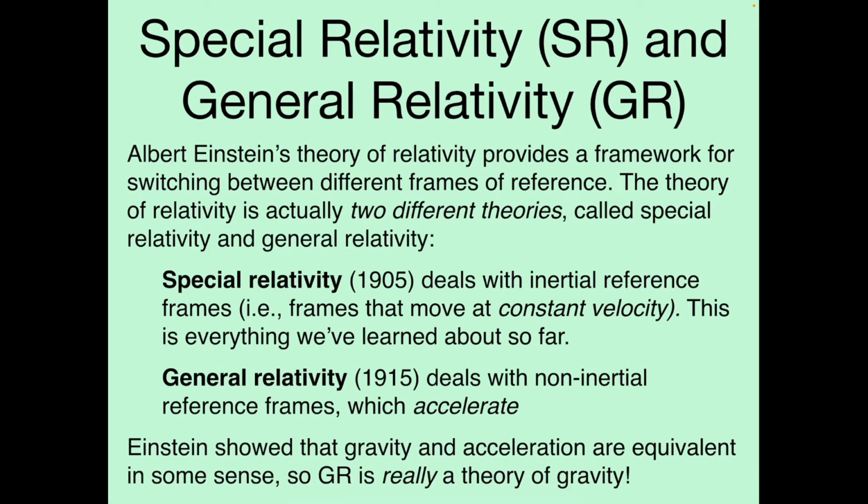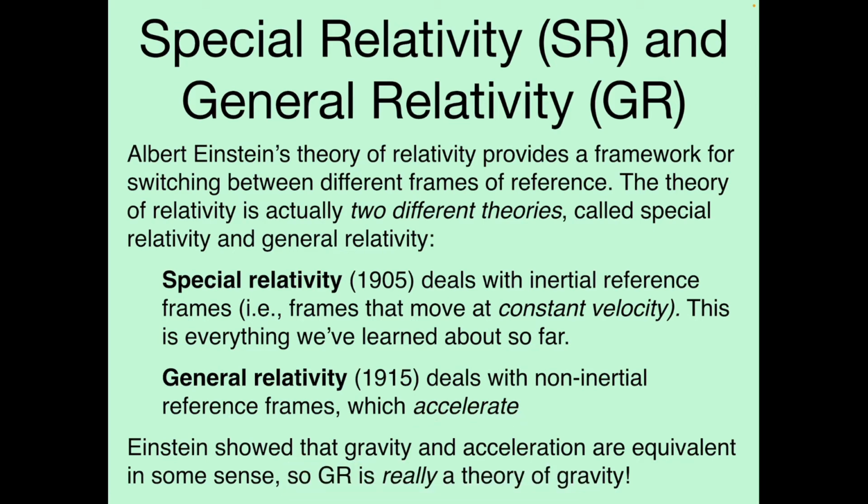But also, Einstein showed that gravity and acceleration are equivalent to each other in some sense. So if I'm accelerating or if I'm in a gravitational field, those are really the same situation. So general relativity, in addition to being a theory about accelerating reference frames, is also a theory about gravity.